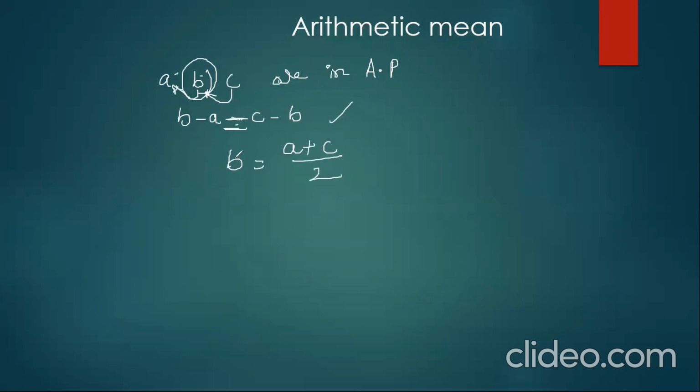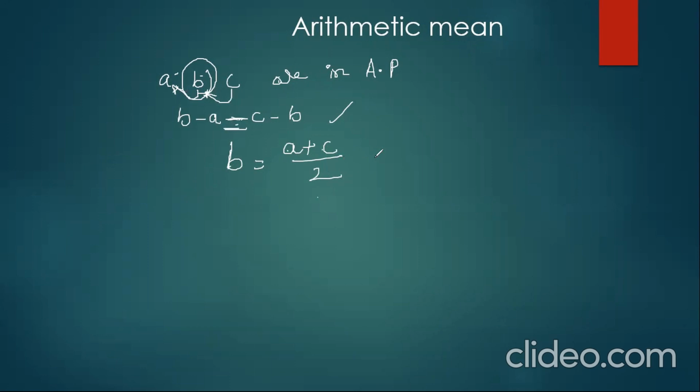So the arithmetic mean, the middle term, B is equal to A plus C upon 2.